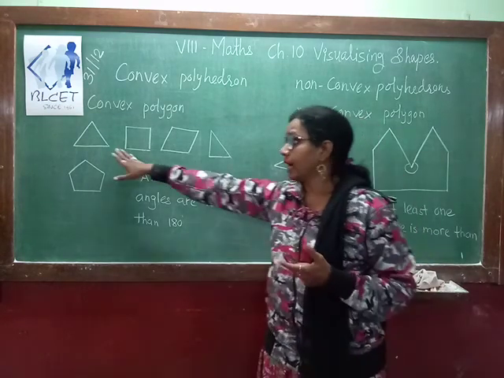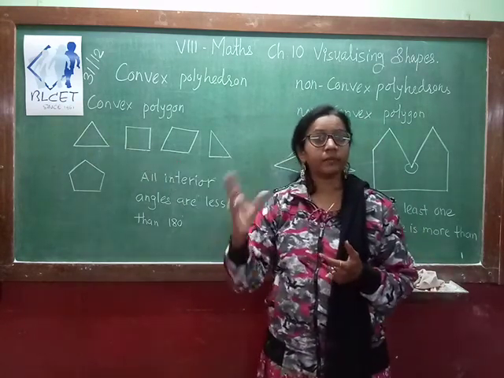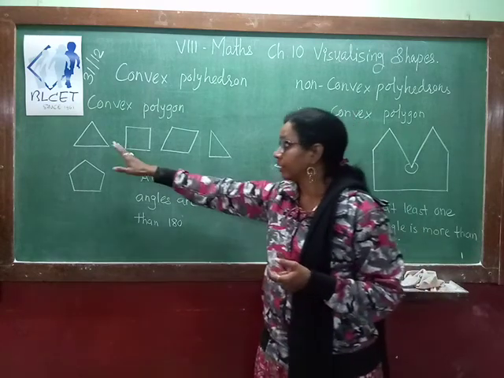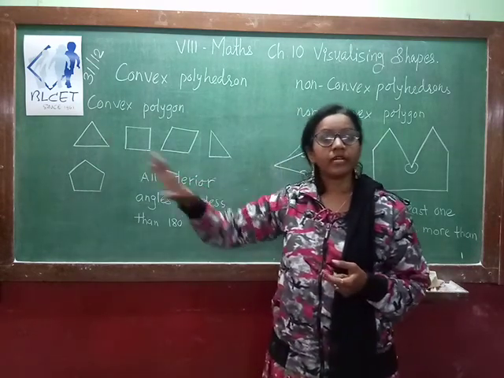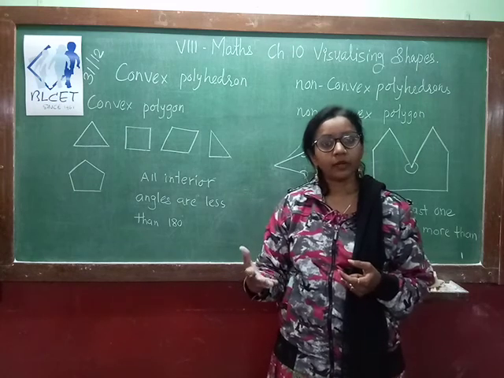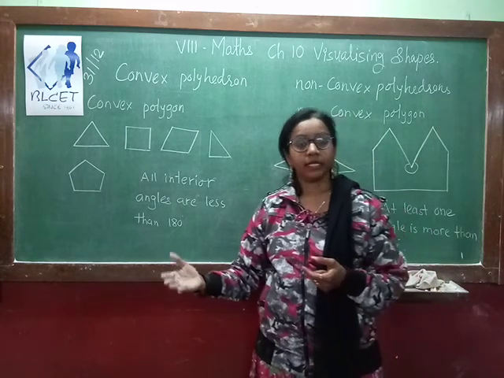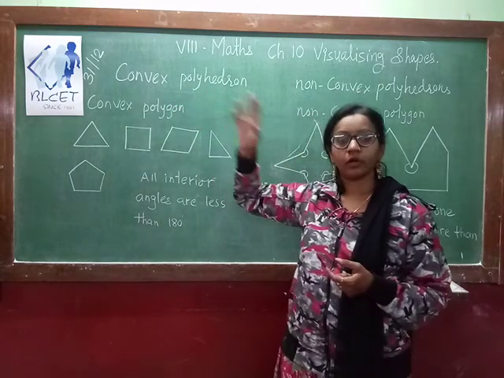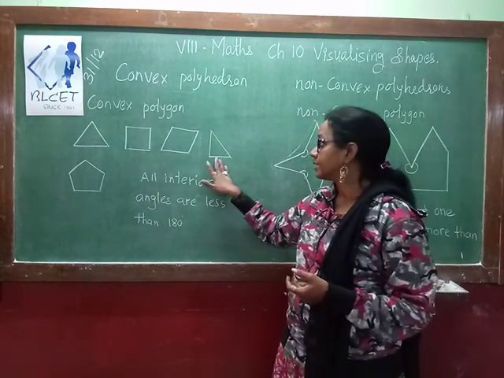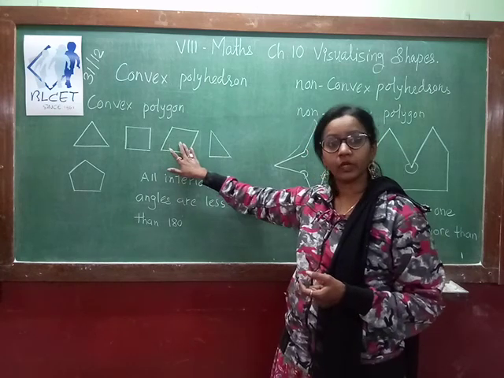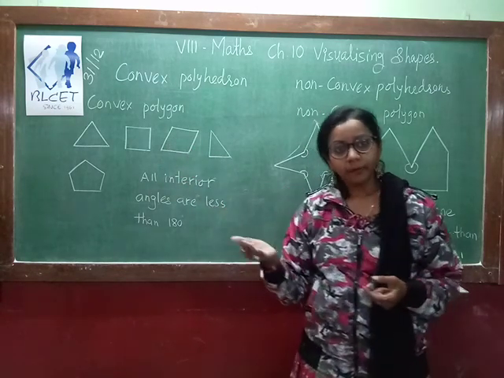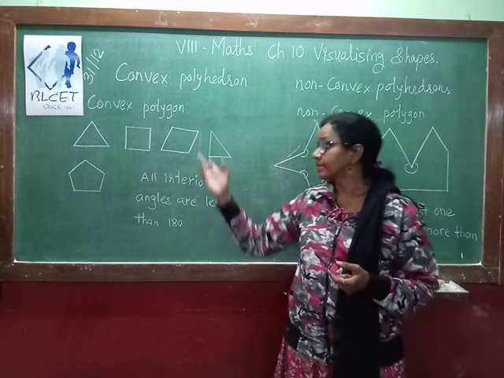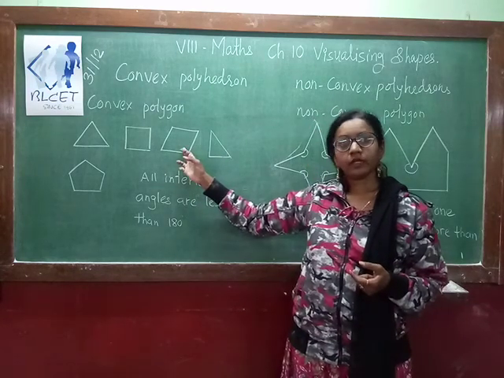So from this, if you are making a cube, obviously the cube is a convex polyhedron. Suppose you have a triangle. We know that a triangle is a convex polygon. So if you make a triangular pyramid or triangular prism, they are also convex polyhedrons. Got the point? Okay. Suppose you have a pyramid whose base is a quadrilateral.